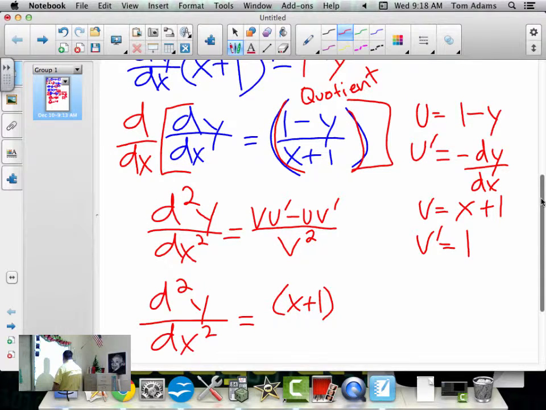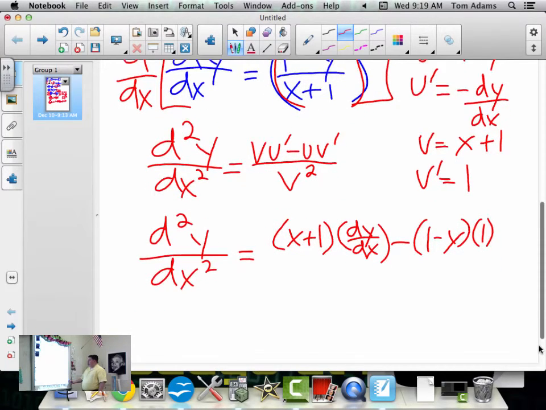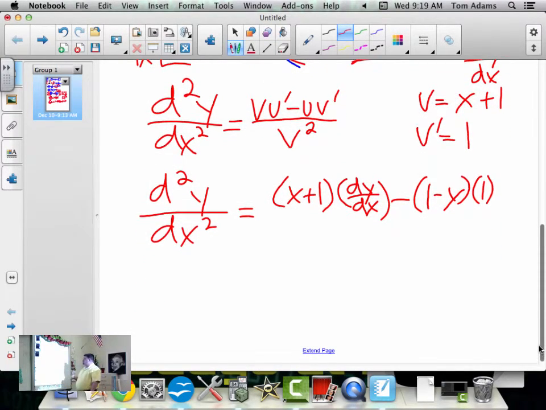Yeah. Times dy dx, minus u, which is going to be 1 minus y, and then times v prime, which is just 1. Okay, all over v squared, which is going to be x plus 1 squared.